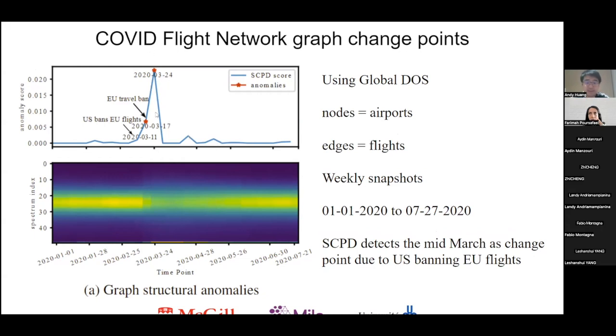We see that SCPD detects the travel ban from the US to the EU, and these are huge disruptions in the network, because US flights account for more than 25% of all the flights in the world. The snapshots are weekly, the nodes are the airports, and the edges are the flights. You can also see the change from the spectrum.